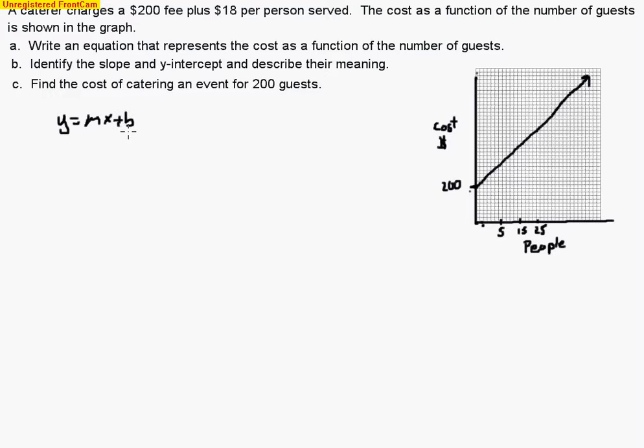And remember, this represented what? What did that b represent? Hopefully you said y-intercept, because that's what it is. And I also talked about how it is our starting point. It's where we began. And so that helps us out in figuring out what goes in place of b.